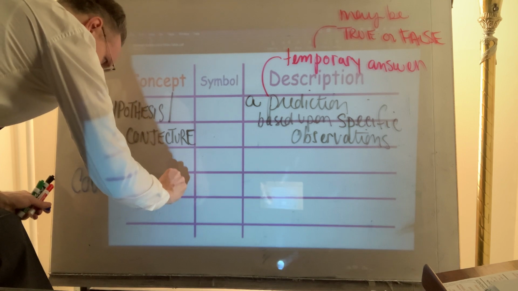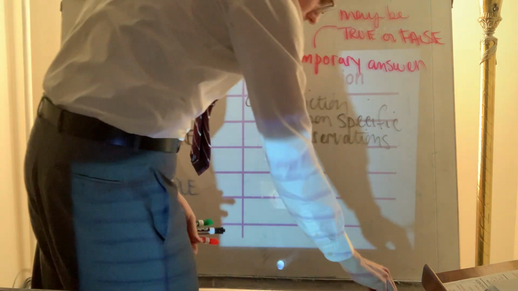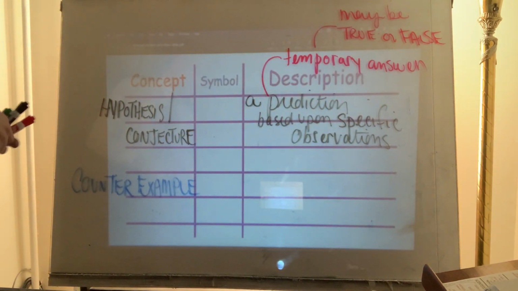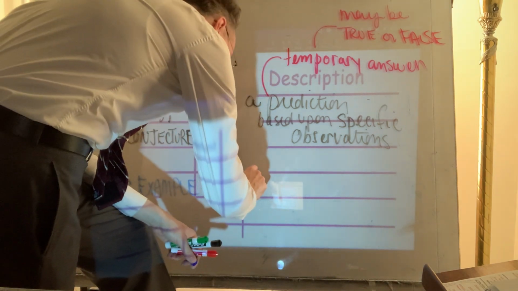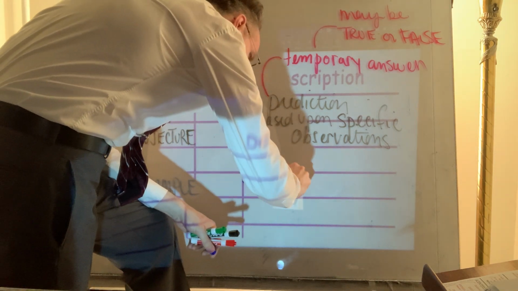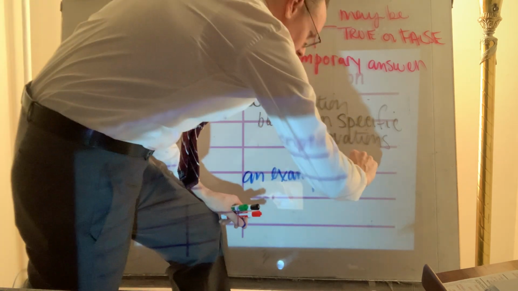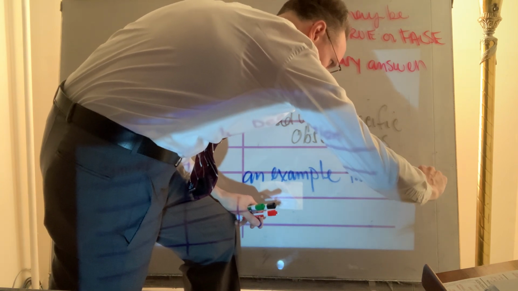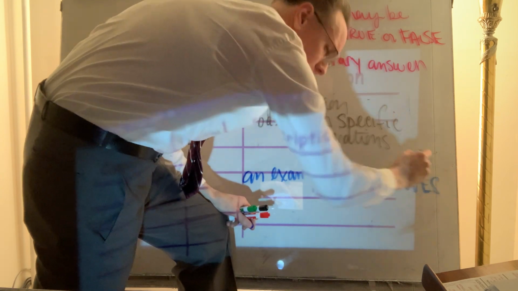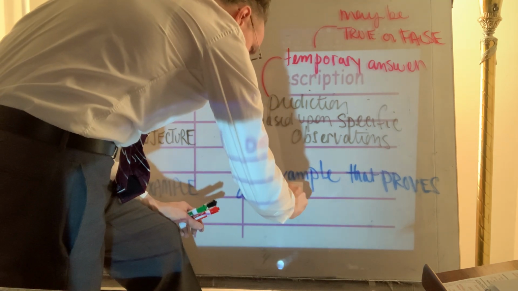In math, this blue marker is dying. So I'm going to put this here. A counterexample is just one example that utterly proves a conjecture false.